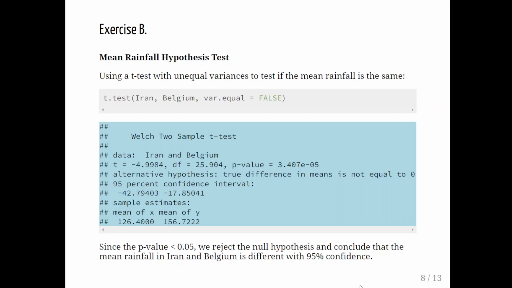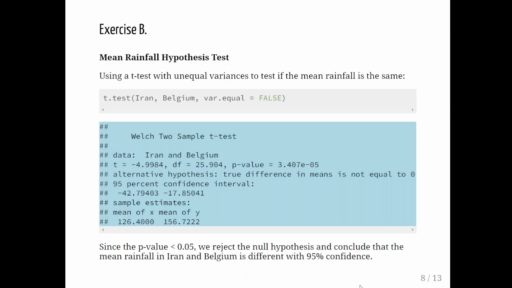Okay. Anyway, so the p-value there is very small, 3.407 e to the minus 05, okay? Incredibly small number, so it's much less than 0.05. The alternative hypothesis is the true difference in means is not equal to 0. And the confidence interval for the difference in means is between minus 42.79 and minus 17.85, okay?